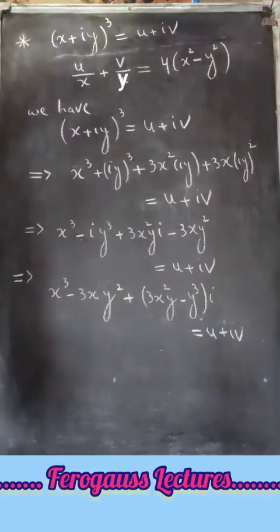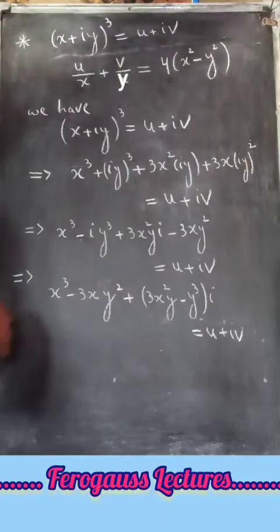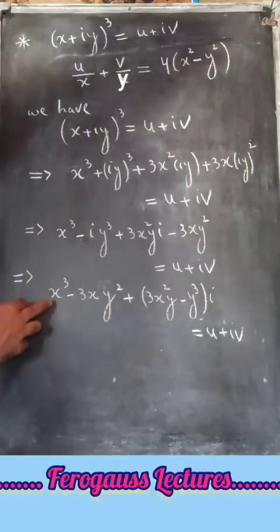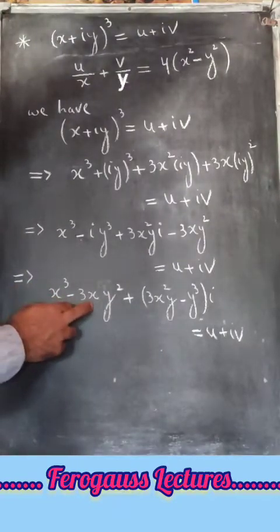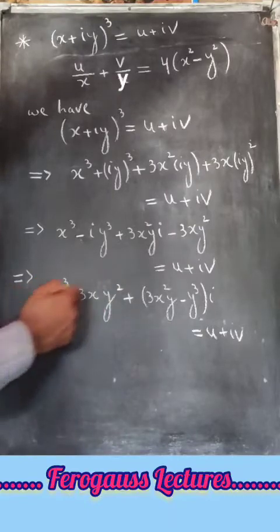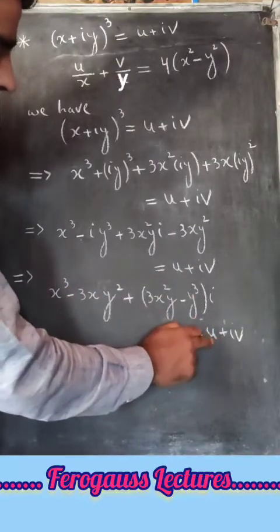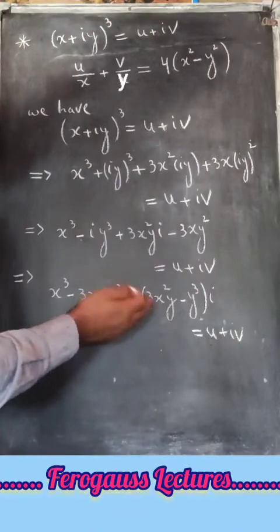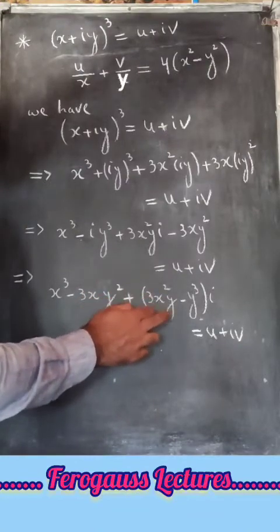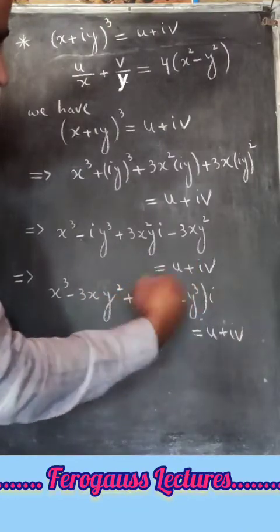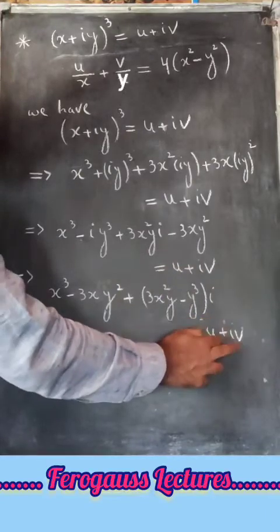Now equating real and imaginary parts: the real part on LHS is x cube minus 3x y square, and on RHS the real part is u. Similarly, the imaginary part is 3x square y minus y cube on LHS, and on RHS it is v.